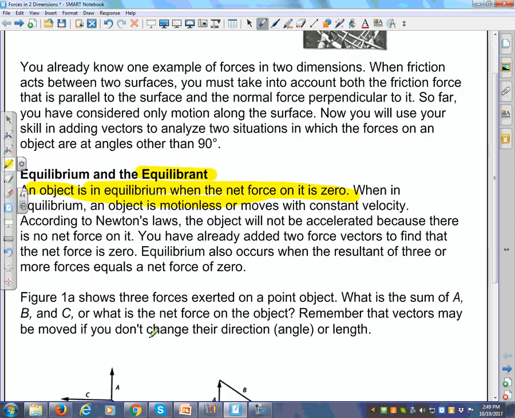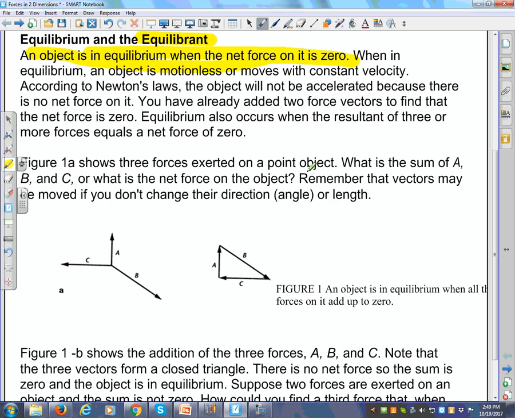Figure 1a shows 3 forces exerted on a point object. What is the sum of A, B, and C, or what is the net force on the object? Remember that vectors may be moved if you don't change their direction. So, if I take vector A in red, vector B in black, and vector C in blue, how do we add vectors? We place them tip to tail.